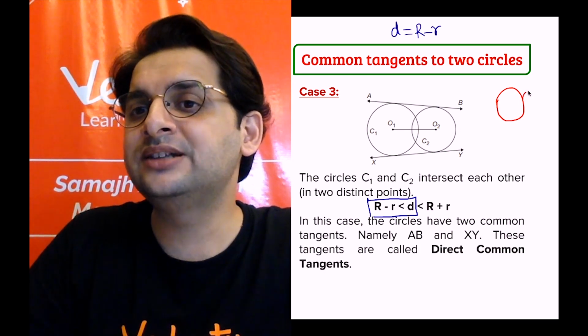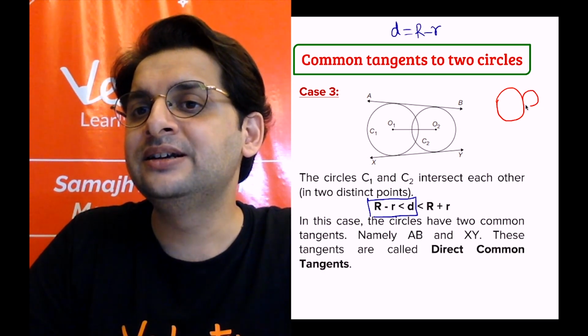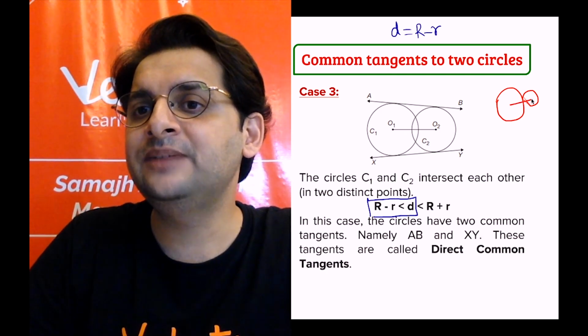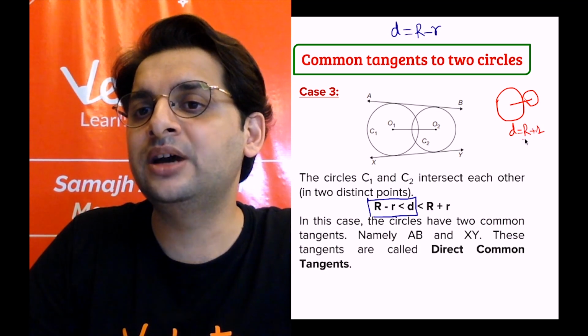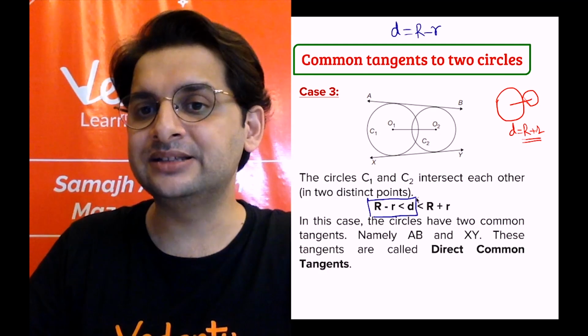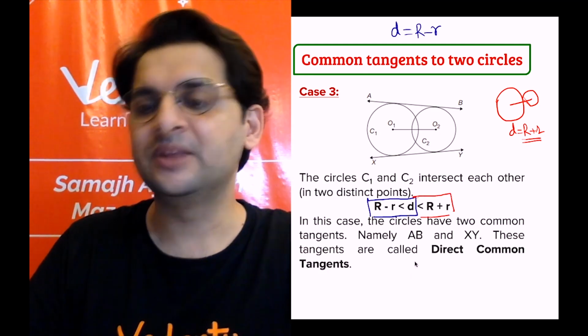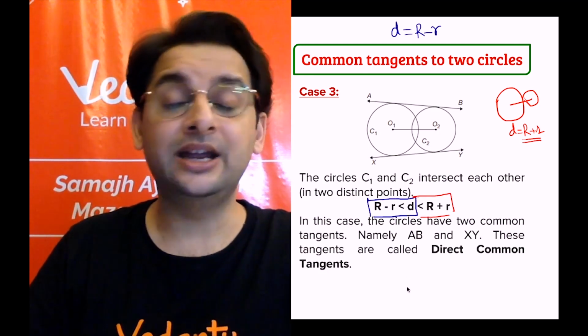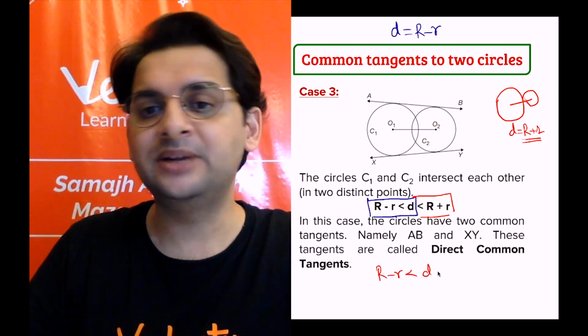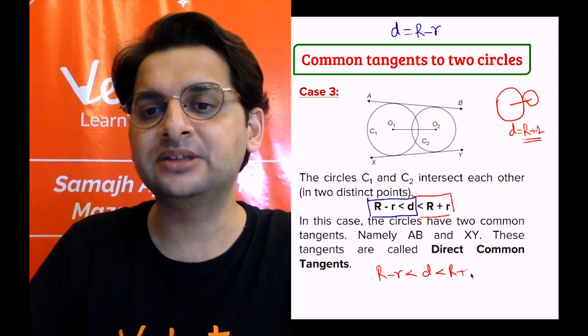When two circles touch each other externally, D is equal to capital R plus small r, and in this case the circles overlap a little, so D will be less than small r plus capital R. So when two circles intersect each other, this is the condition you have to remember: R minus r is less than D is less than R plus r.